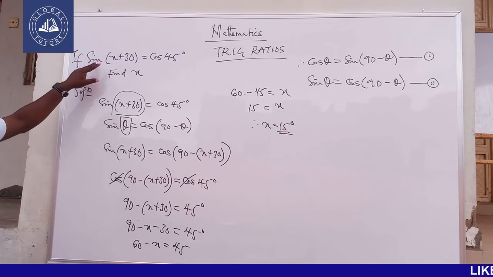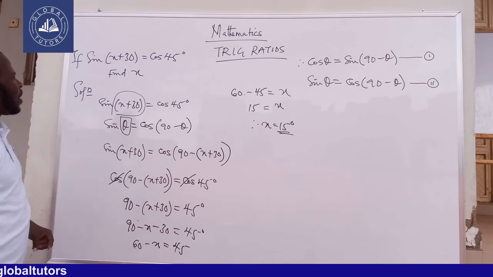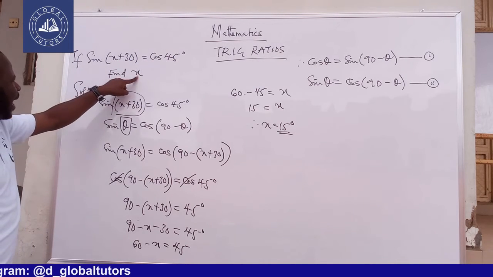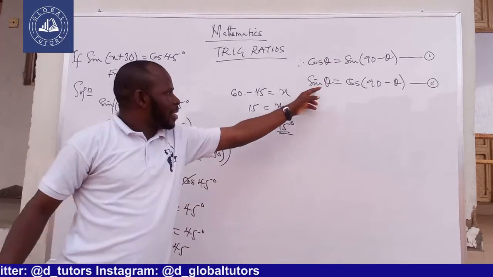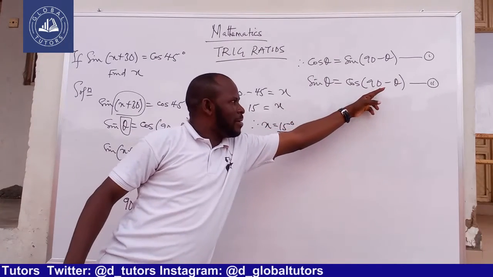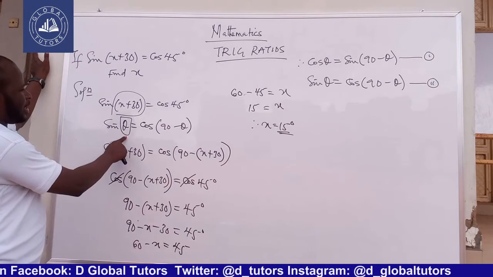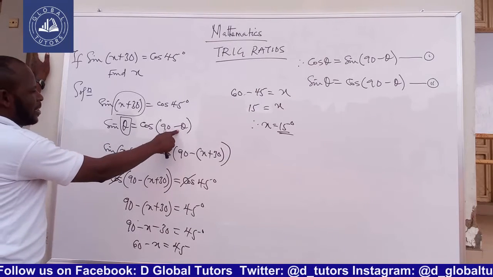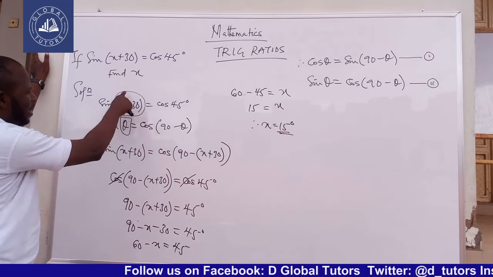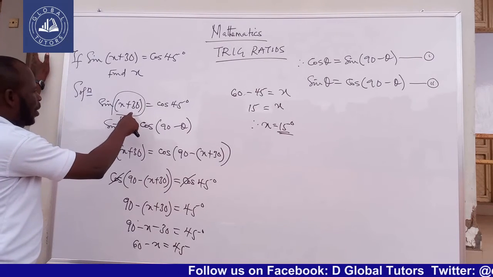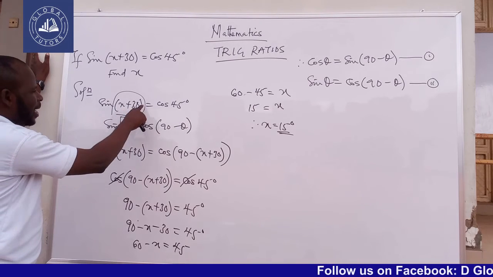I'll run through the solution again. If sine (x + 30) equals cos 45 degrees, the question says find x. What is the standard we know? Sine theta is cos (90 minus theta). What is theta now? Everything we have here is theta. So anywhere I see theta, I can replace it with this expression.